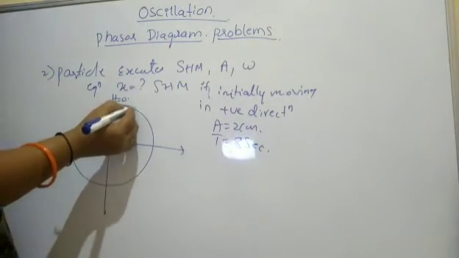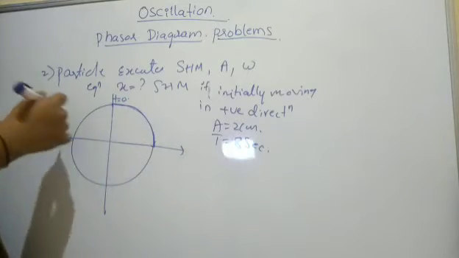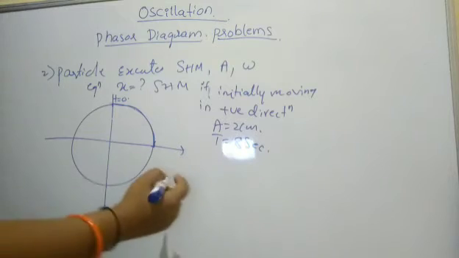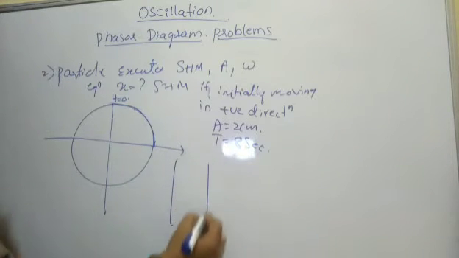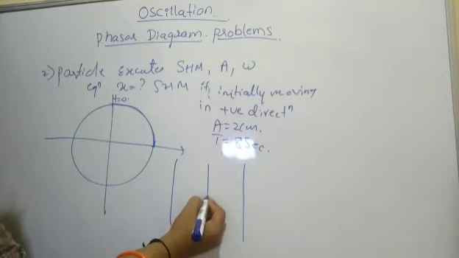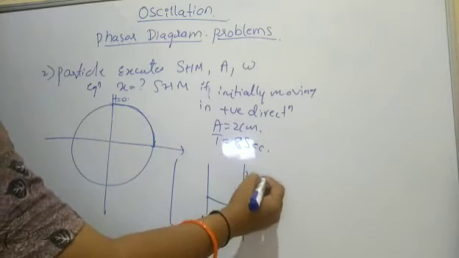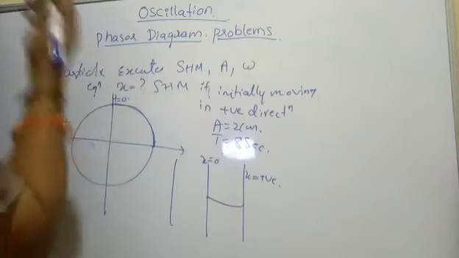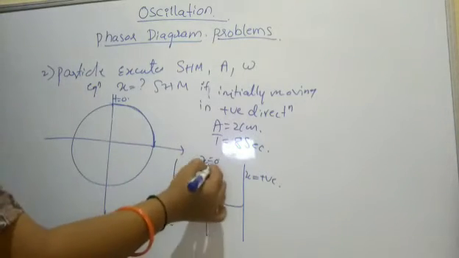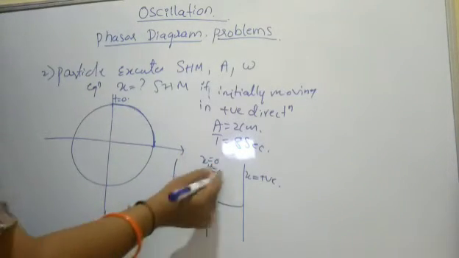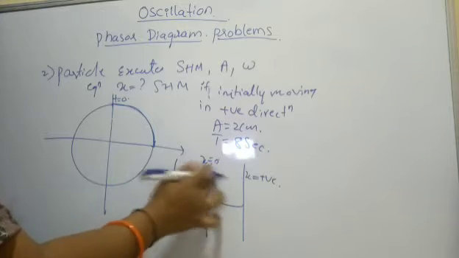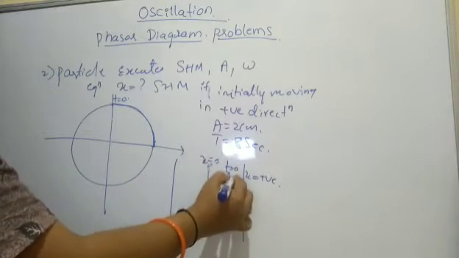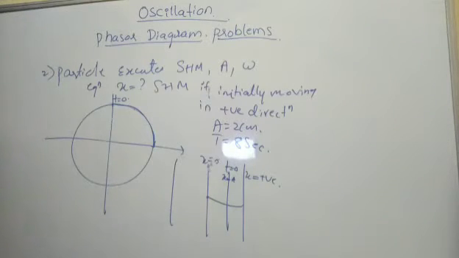So positive direction means it is always in a clockwise direction. So it is moving in this direction. Otherwise you can take help of the simple harmonic form here. It is moving in a positive direction from x is equal to 0. We don't know whether the particle is exactly at this point or at the point where x is equal to A, wherever you can take.